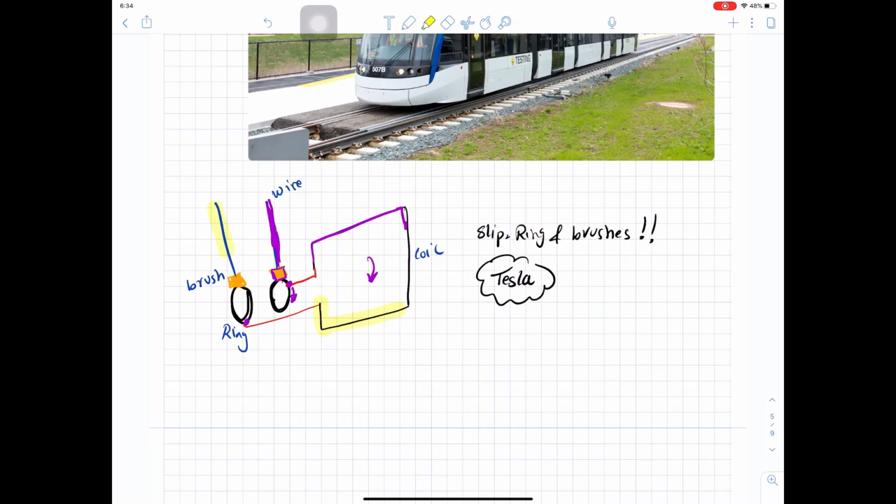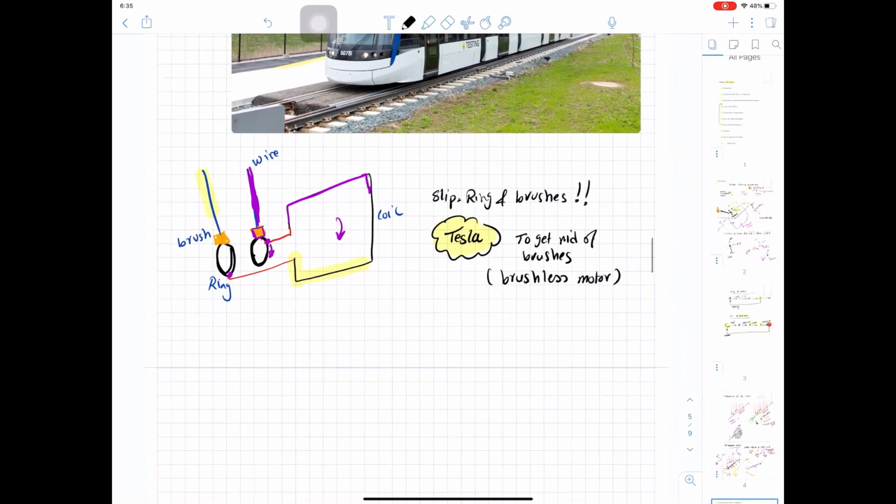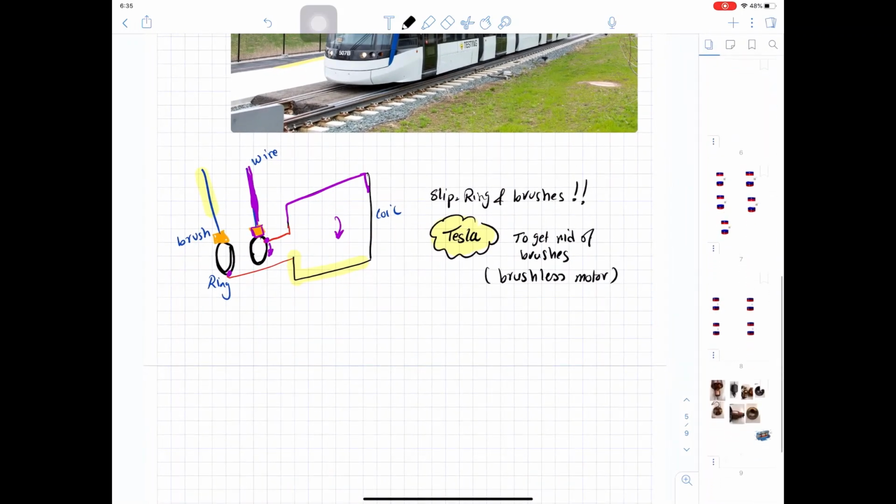So Tesla is the first engineer ever who invented a way to get rid of brushes, and he invented the brushless motor. So these brushes are the main disadvantage of these kind of motors, because these brushes need to be maintained. You need to change the brushes regularly. So let's see how this works. So I will move this page up here.